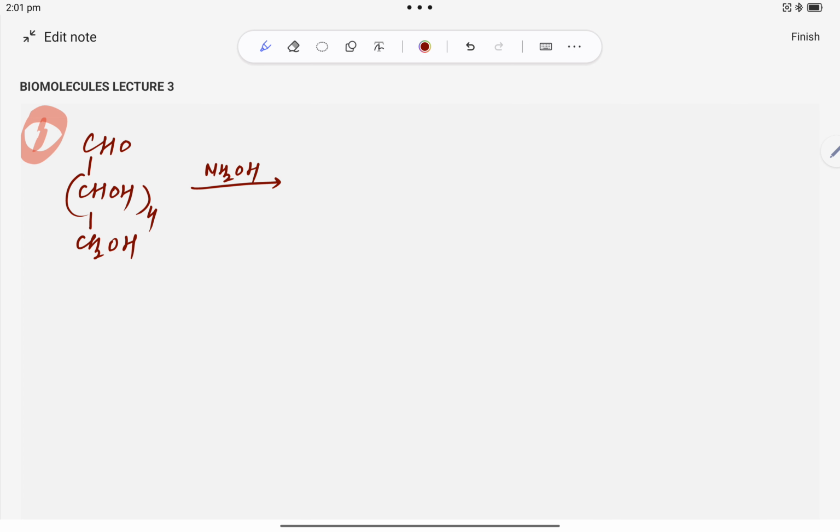If you remember that reaction in aldehyde, we have already done. CH=NOH, then CHOH four times and CH2OH. It's an oxime formation. That is the reaction of carbonyl compounds, a chemical property of carbonyl compounds.